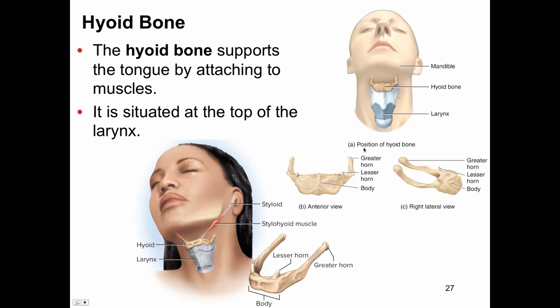We usually don't get you to memorize these, but just so you know, if someone is strangled, this bone is very often broken. So if you're in criminal justice, that would be something to look at. I think there's a couple of people in criminal justice in this course. So this bone, like I said, would be broken if someone was strangled.